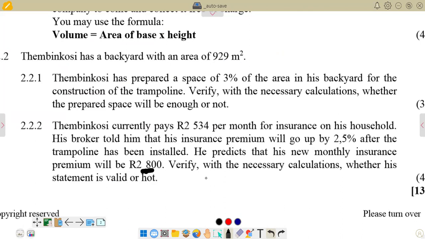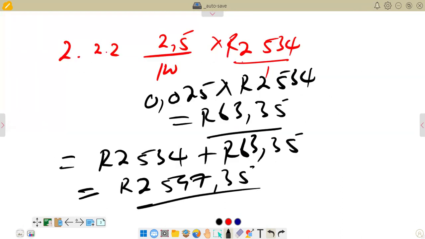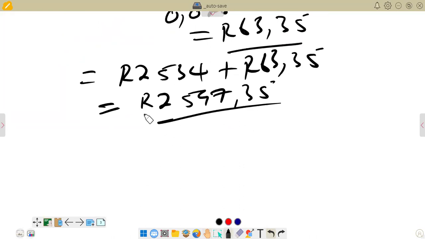So this answer that we got there is not equal to 2,800. So it means this statement is not valid. So we can just make a conclusion by saying, in other words, we compare this one with 2,800. We see that it's not equal, so we conclude by saying, therefore, this estimation is not correct.